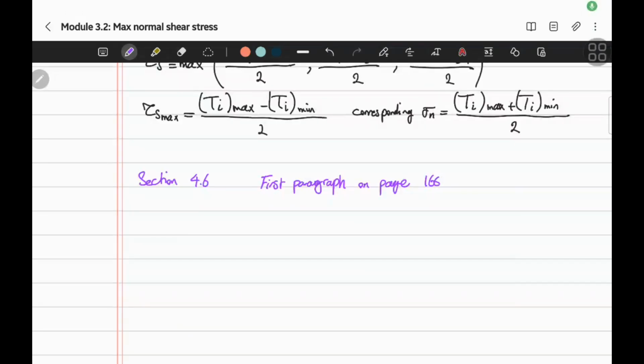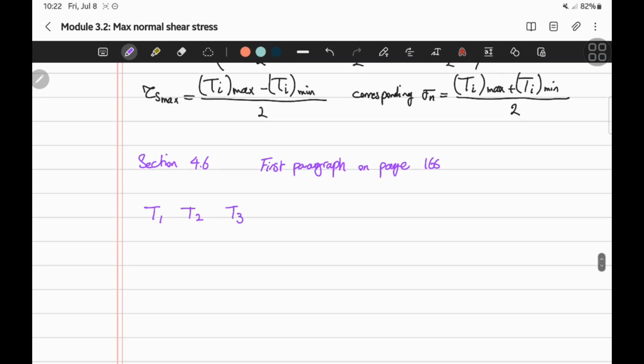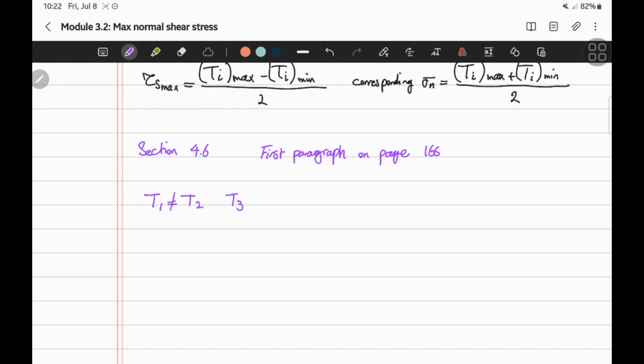Well, I thought that it might be a good idea to also explain something about the first paragraph on page 166, or the last paragraph of section 4.6. Basically, this paragraph talks about different values and different scenarios for T1, T2, and T3. First we had T1 not equal to T2 not equal to T3, and these eigenvalues each had an eigendirection.